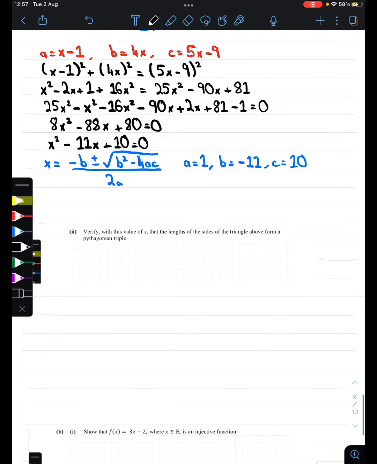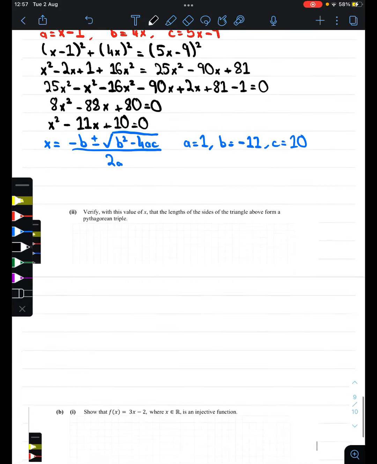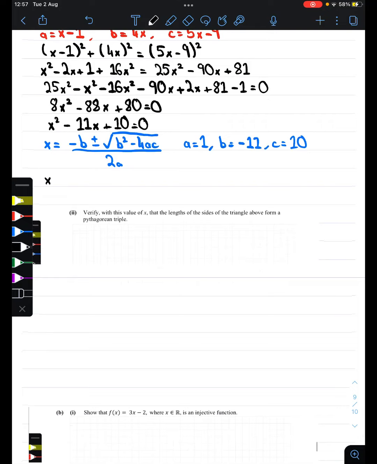If we sub this in, we see that x equals 10 or x equals 1.